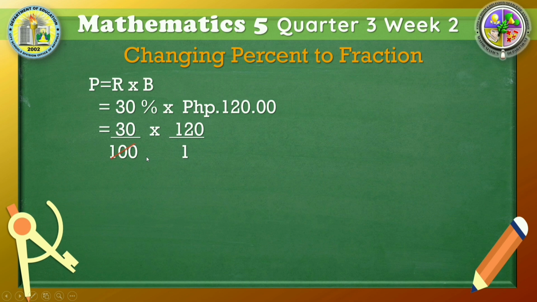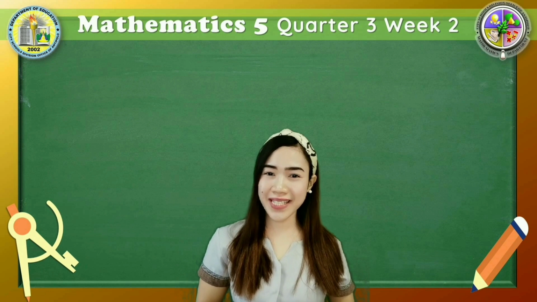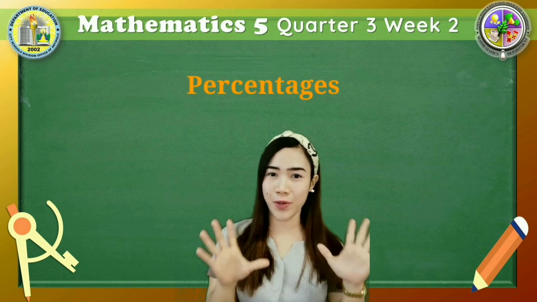So 100 divided by 20 is 5. 120 divided by 20 is 6. So 30 times 6 over 5 equals 180 over 5, or 36 pesos.